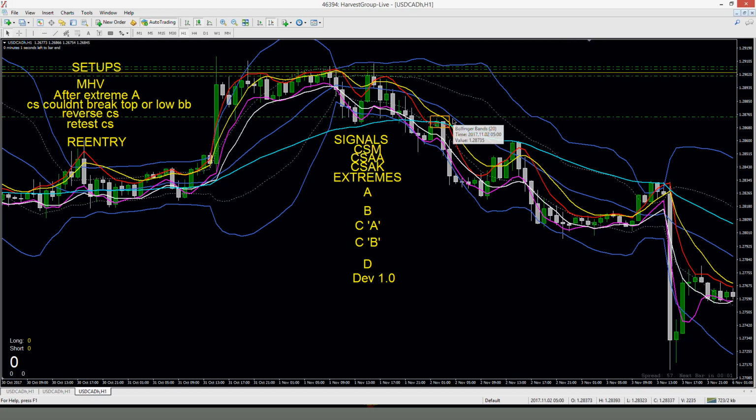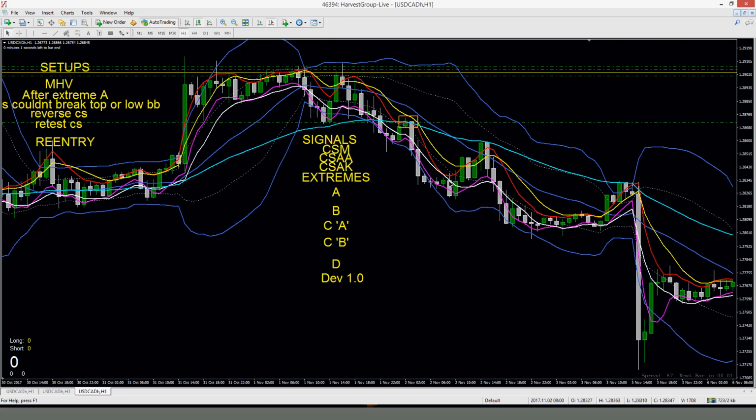So let's say, for example, you entry sell again at this point. Okay, then there's another CSM, so you hold sell. And then finally you see this one, the candle rejected MA5. So let's say, for example, you entry sell again at this point, and then all of a sudden the price went up here.